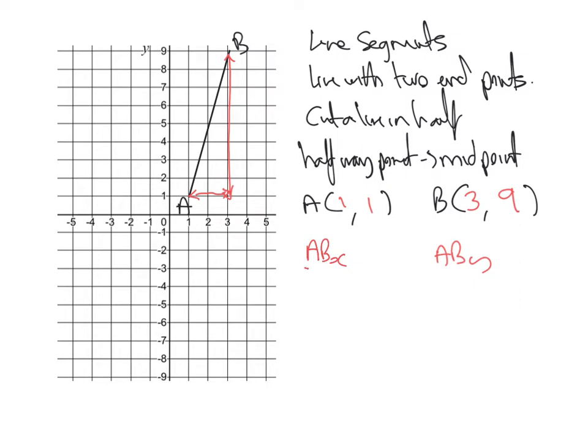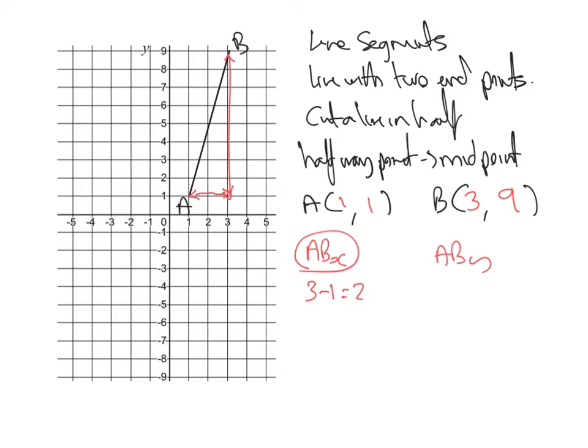So AB x is this bit, because it's AB's x aspect, or x direction. And how long is that? Well, we can see how long it is. It is 3 take away 1, which is 2. So 3 take away 1 is 2.